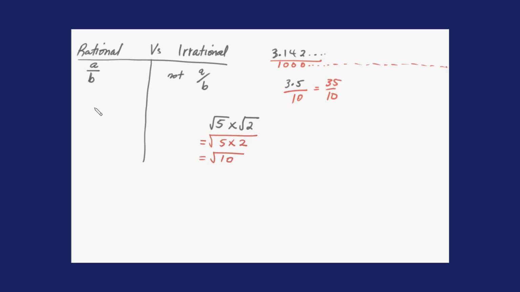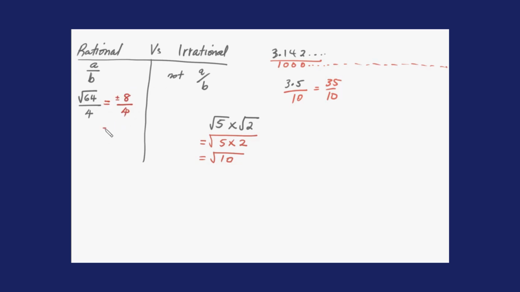Let's look at this one. Another number is the square root of 64 divided by 4. Is this number rational or irrational? Let's simplify it. The square root of 64 is plus or minus 8 divided by 4.